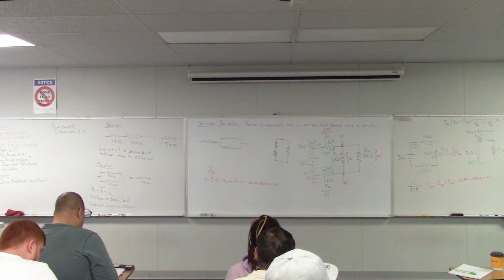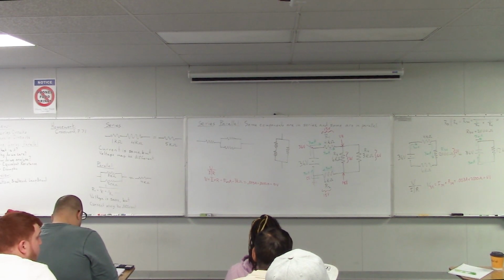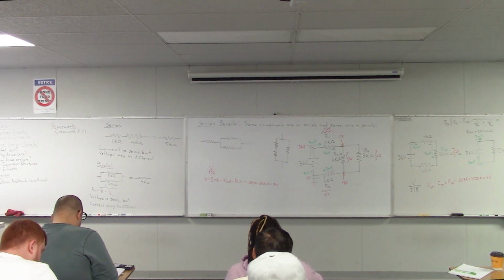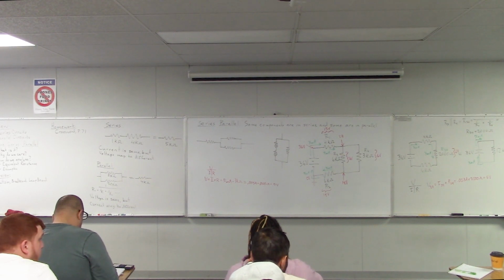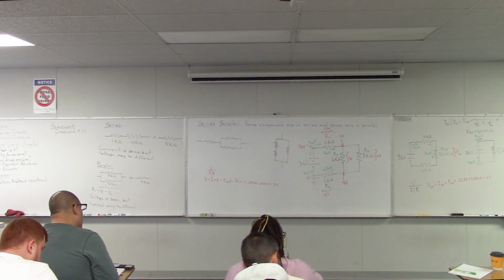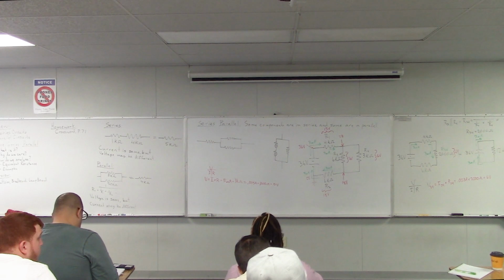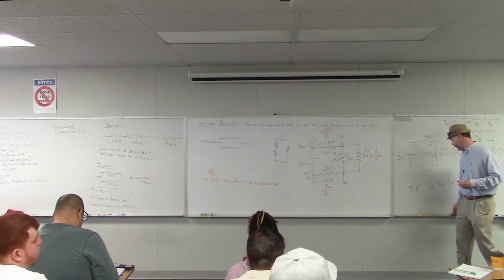So questions about that? All right, so the voltage across R3 is 6 volts, and also across R4 is 6 volts. So now all that's left is to use Ohm's law to find the currents.